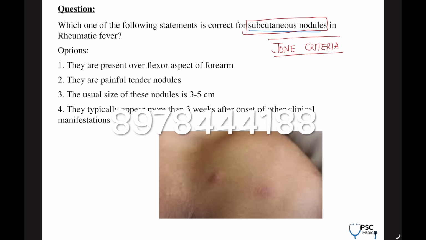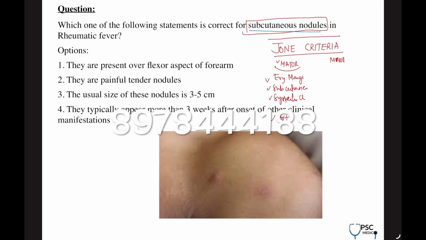In infective endocarditis, you will see Roth spots, Janeway lesions, Osler's nodes, etc. Whereas in Jones criteria, you have major and minor criteria. In the major criteria, there are two important things, that is erythema marginatum and subcutaneous nodules. Apart from that, you have Sydenham's chorea.